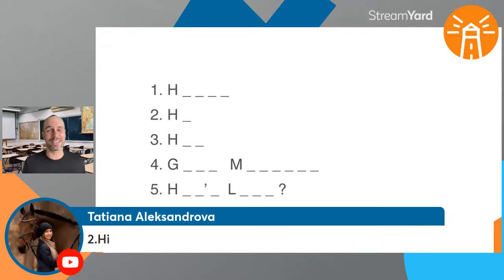And Tatiana's already on number 2. Hi. Usually we might use hi after we get to know somebody a little bit better. Number 3, Tatiana's on a roll. Hey. So hello, hi, hey. Hey, we would probably use if we know the person, and not in our first meeting, but maybe a second, third, fourth, fifth, or more.